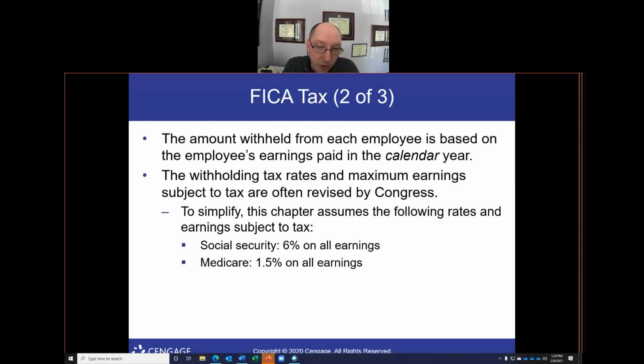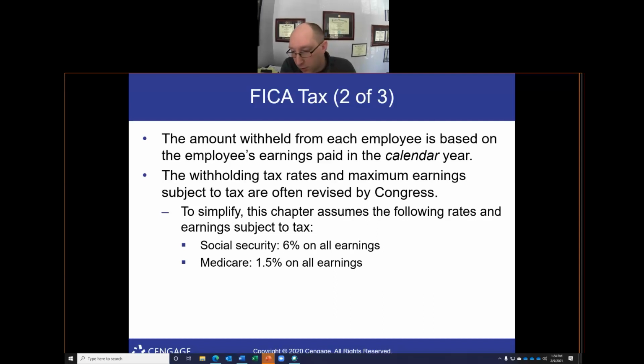Both employers and employees are required to pay 6% on all earnings into Social Security, right now, until they change that. And employers and employees are also required to pay Medicare, 1.5% on all earnings. Basically, what this is supposed to do is that when you reach retirement, you collect a Social Security check every month from the government. Hopefully it's still around, right?